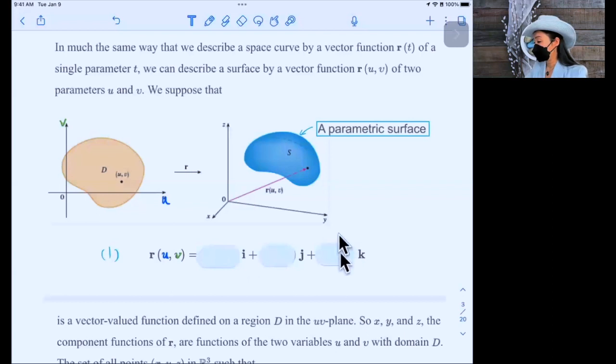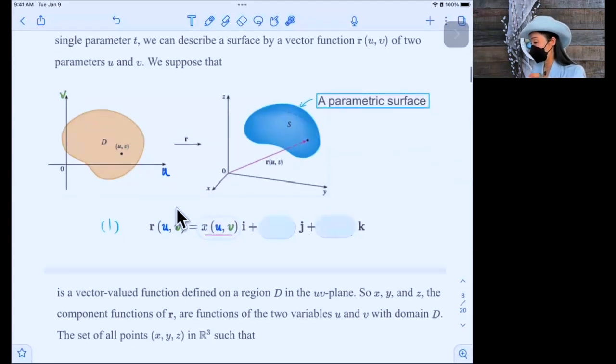The y and the z. Suppose this point maps to this point, the x coordinate of this. How do we represent this? That will be a function of these two parameters, u and v. So that will be x of u comma v.